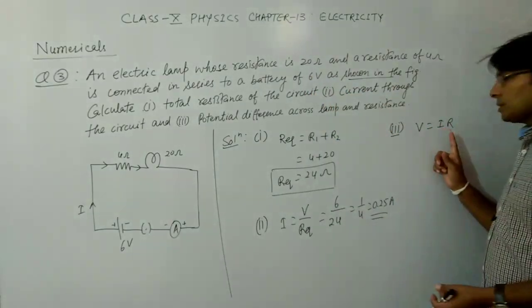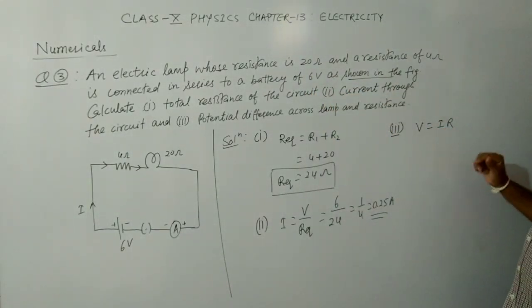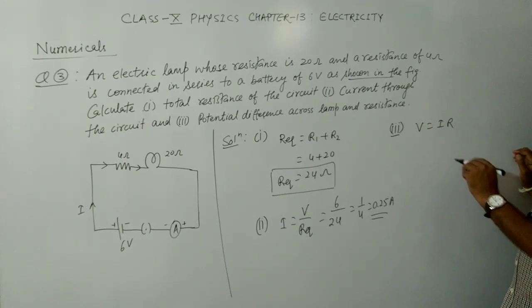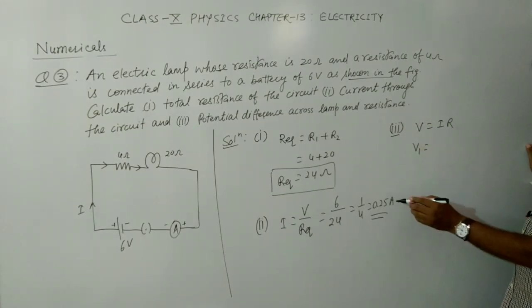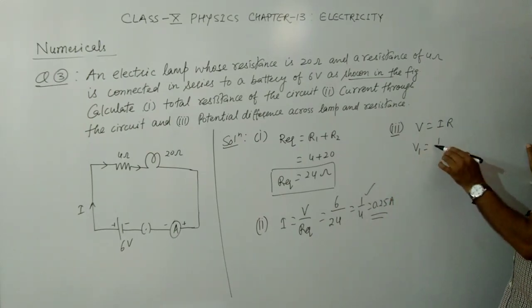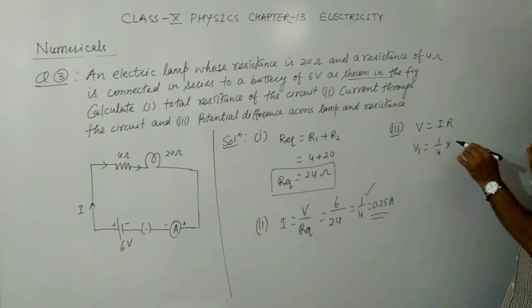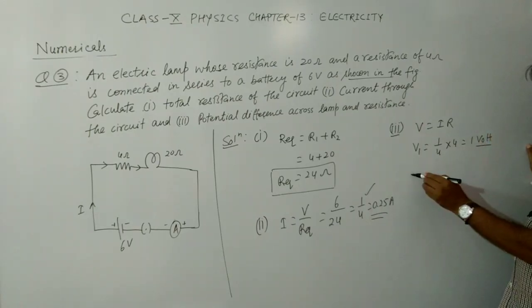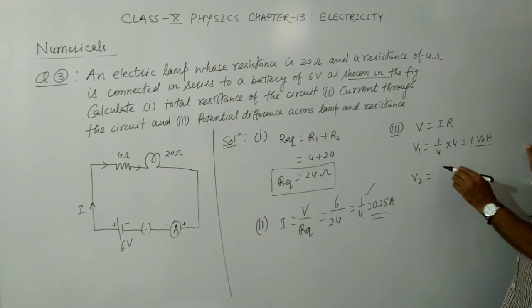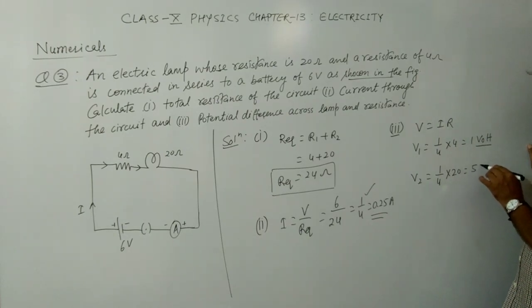So using Ohm's law, the voltage across the 4 ohm resistance, V1 is equal to I, which remains the same, that is 1 by 4, into 4 ohm. So 1 volt across the 4 ohm resistance, and across the lamp, current remains the same but the resistance is 20 ohm, so it is 5 volts.